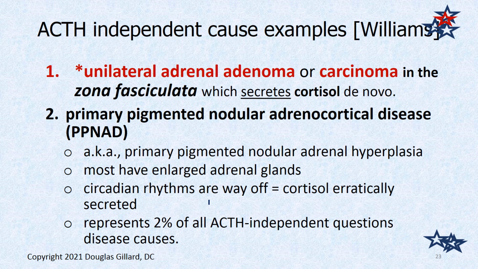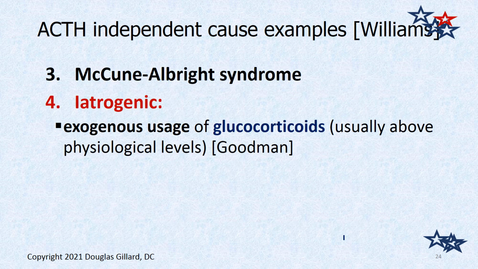Cancer can do that as well. There's a condition called PPNAD, primary pigmented nodular adrenocortical disease, and it's about 2% of all of the ACTH-independent Cushing's causes.